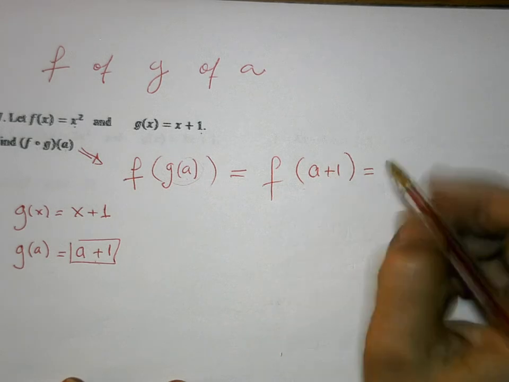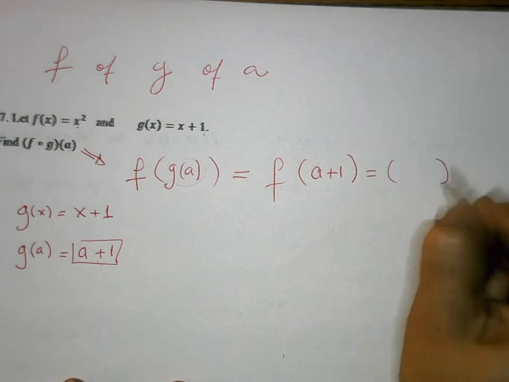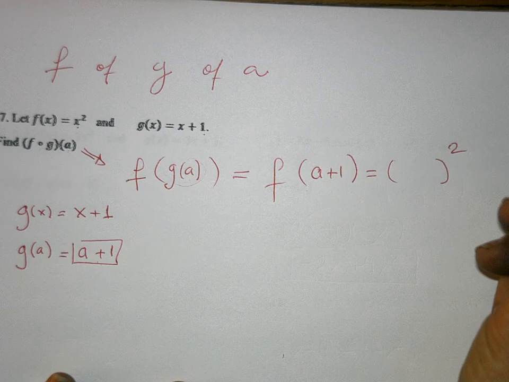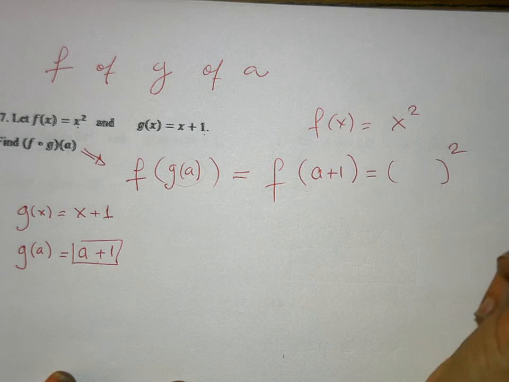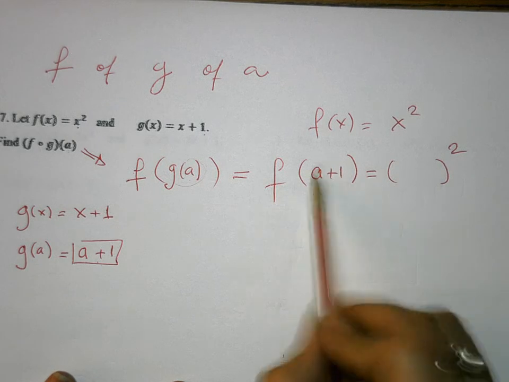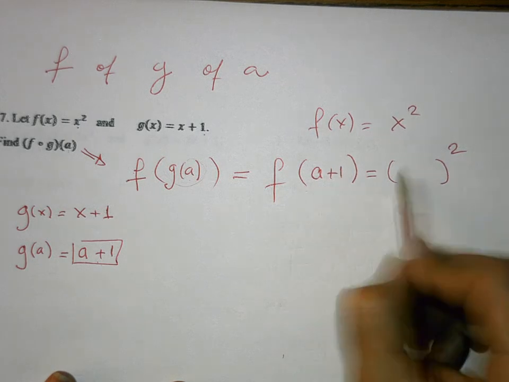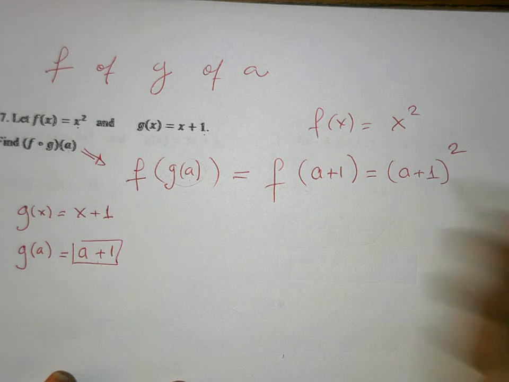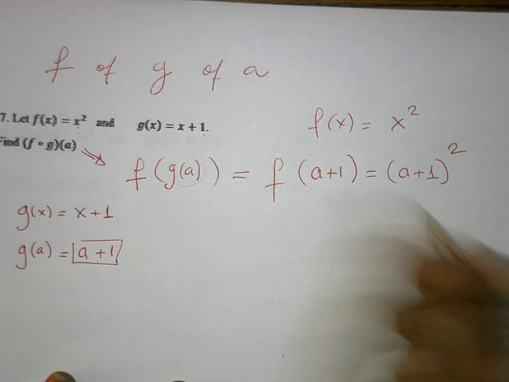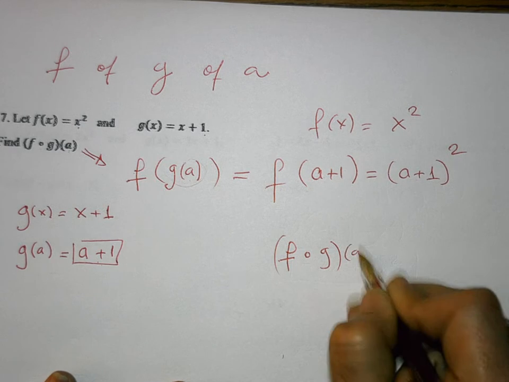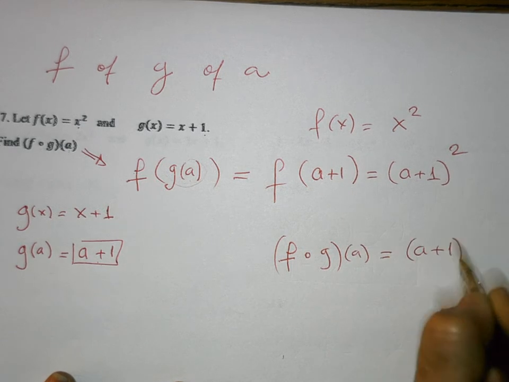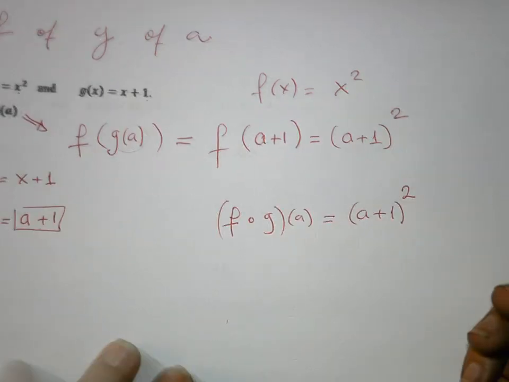My f function is just something squared, okay? That's what my f function is. f of x is x squared. So I want f of a plus 1, therefore I'm going to put a plus 1 in here. So to write it all together, f of g of a is just a plus 1 squared. And that would be our final answer.